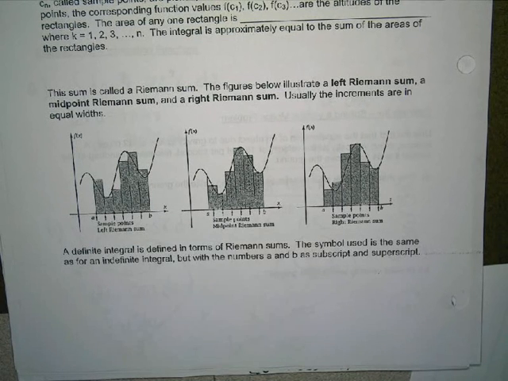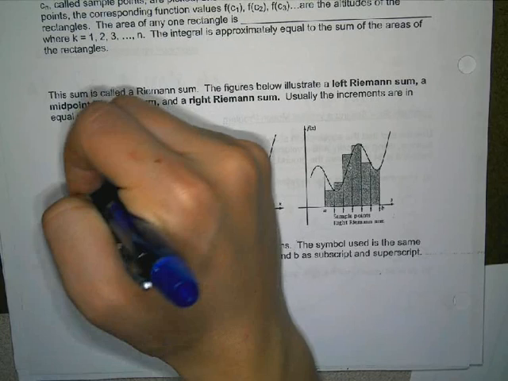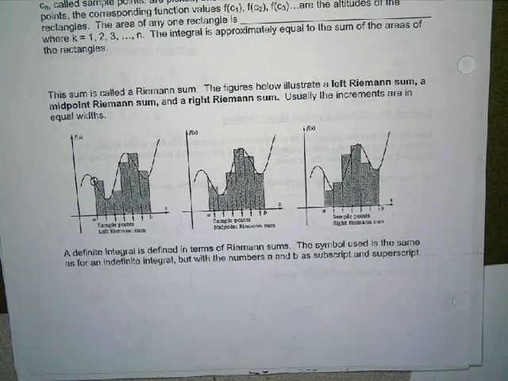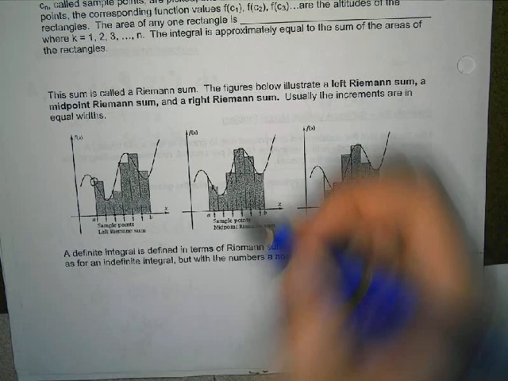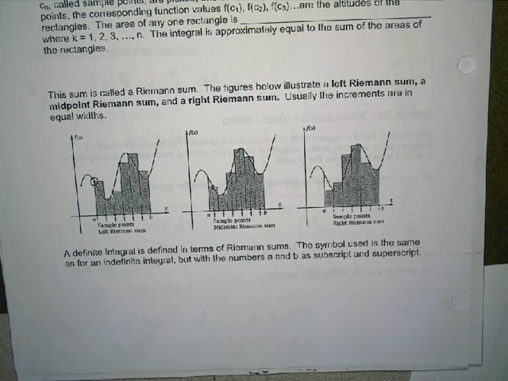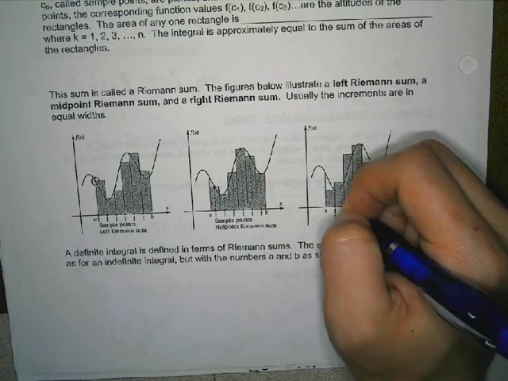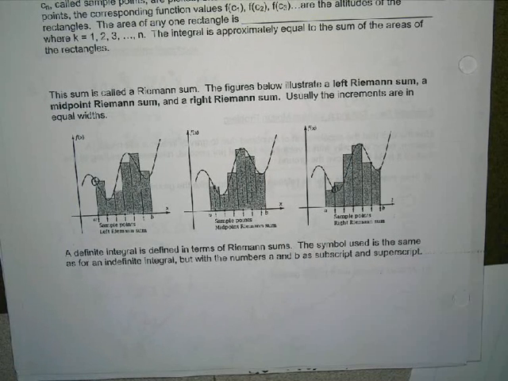If you make the rectangle's height the left point, or where the rectangle would connect with the graph on the left-hand side, that's called left-hand Riemann sum. If you take the middle between each interval, that's called midpoint. And then if you use the right-hand point of each interval as the height, that's called the right-hand Riemann sum.